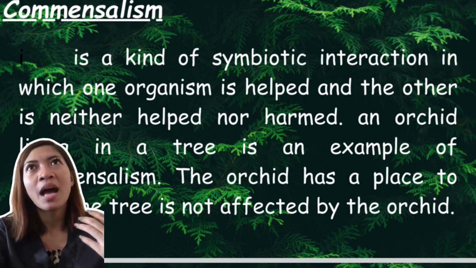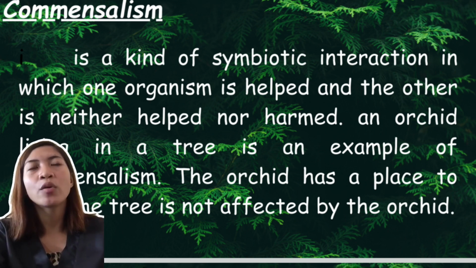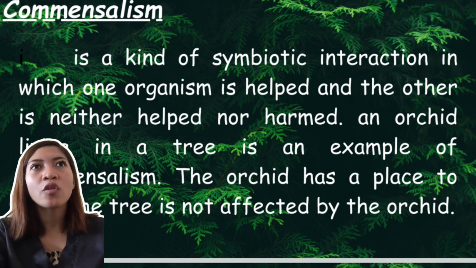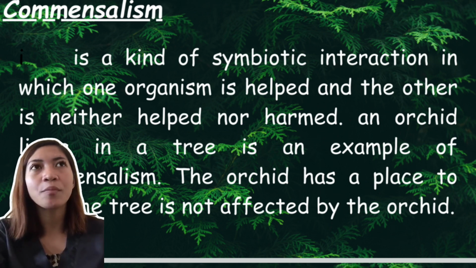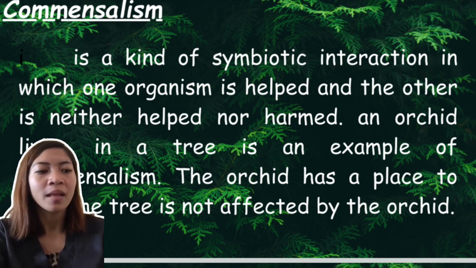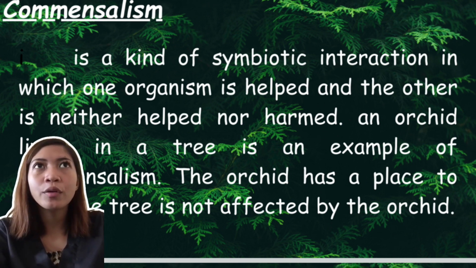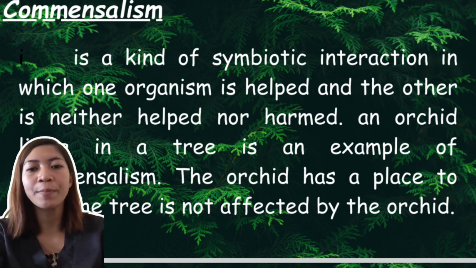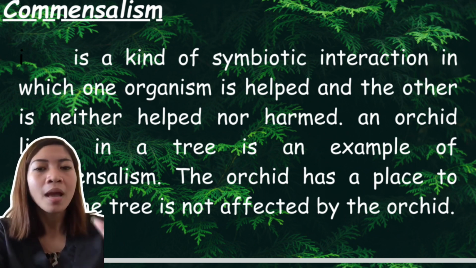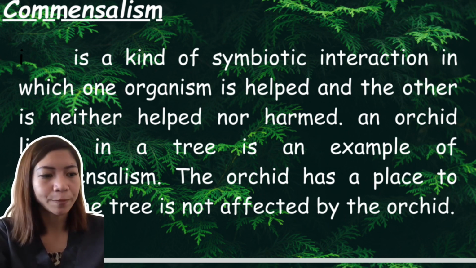Nilalagay niya sa puno para mabuhay yung orchid, at yung puno ay hindi naha-harm. Yung meaning ng commensalism is yung isa ay nakaka-benefit pero yung isa ay hindi naha-harm. Ito yung dalawang example ng beneficial interaction.